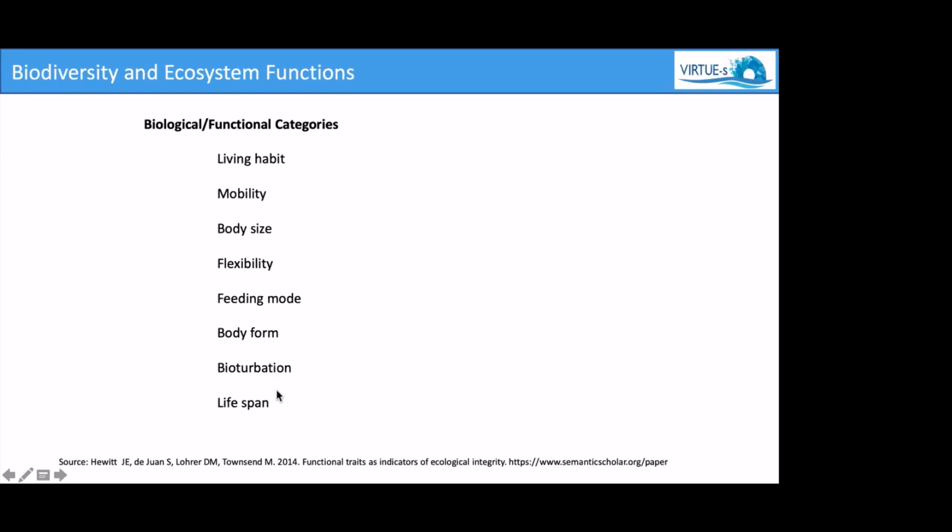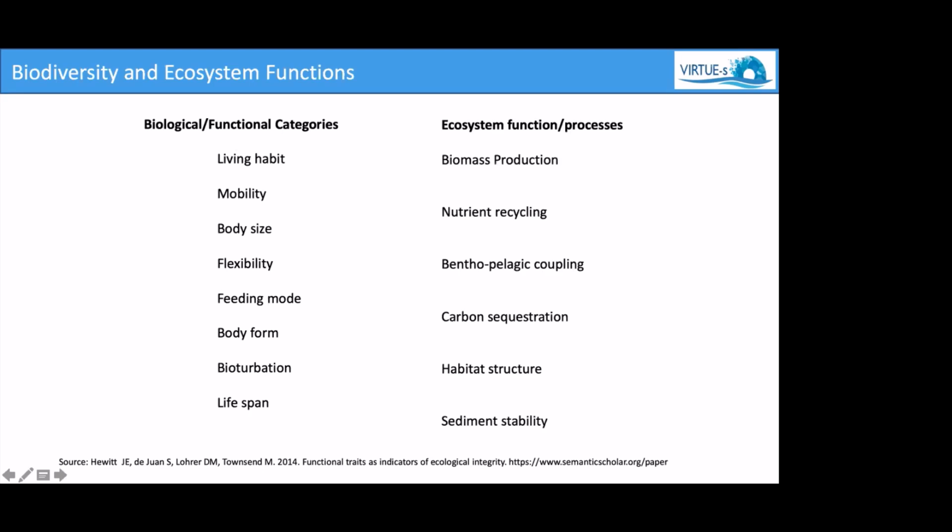And lifespan: does it live for years, for weeks, for months? So these are some of the categories which can be used for grouping organisms. And these biological categories are responsible for affecting or impacting some ecosystem function or process.